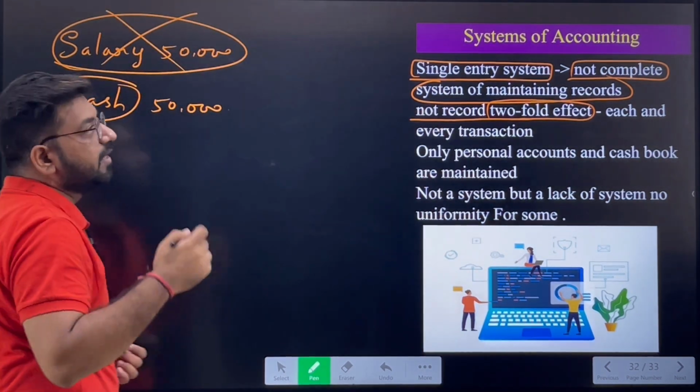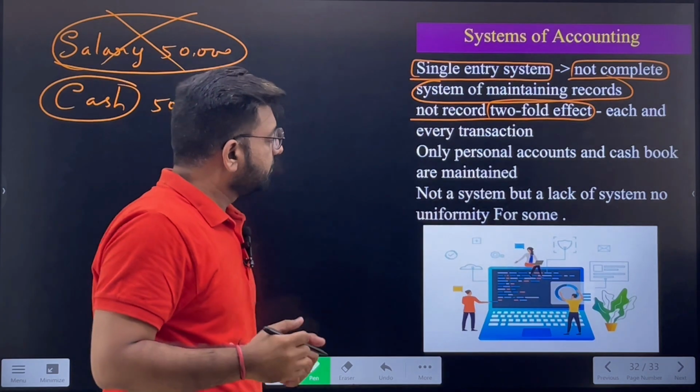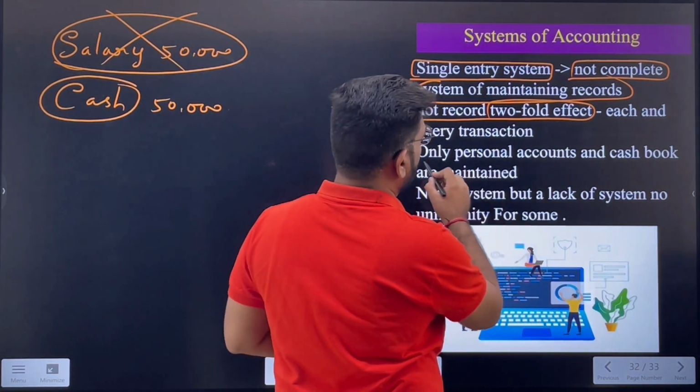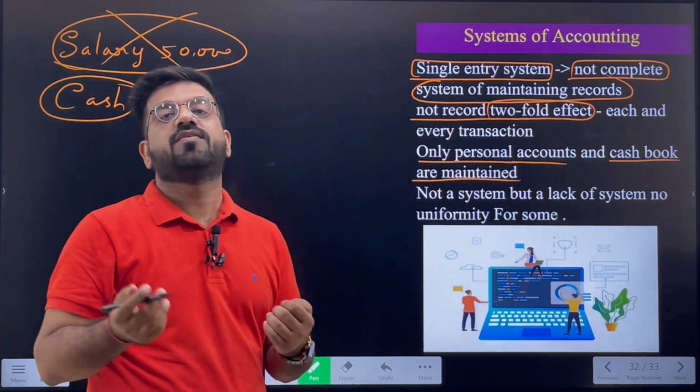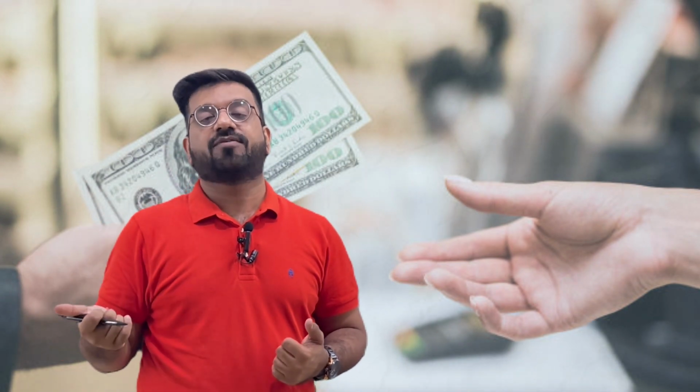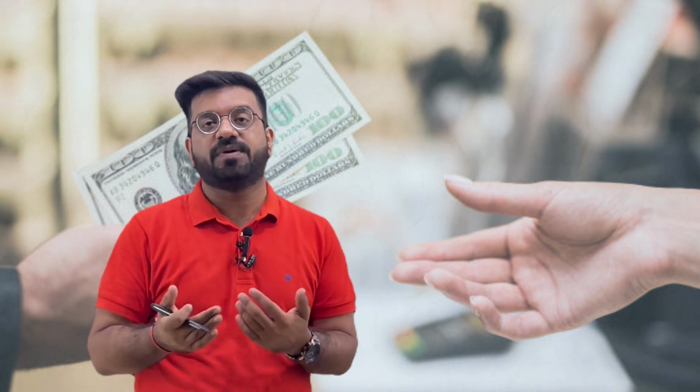We don't make the two accounts. We simply make only the personal accounts, and the cash book is maintained. In the cash book we record that this amount is gone and this amount we have received. Apart from that, the other accounts need not be prepared. Only the cash account has to be prepared, with which we can get the information.